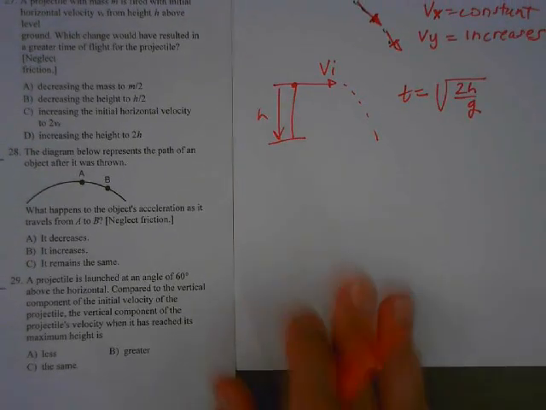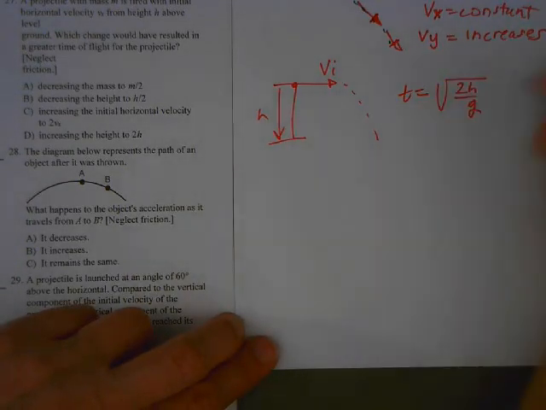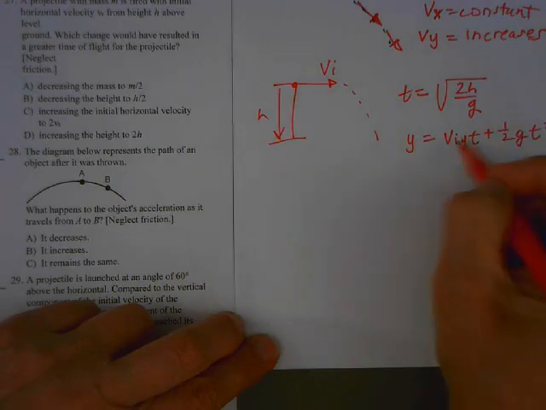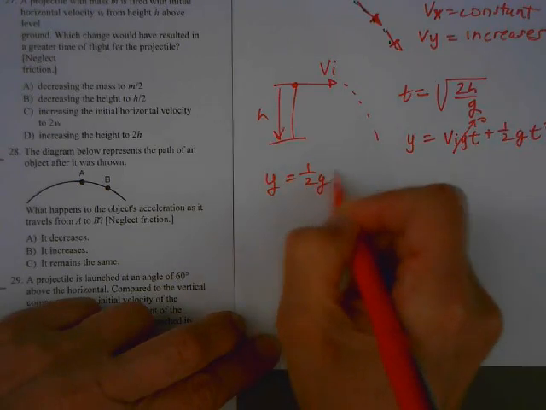Okay, so for projectile motion, y is equal to v_iy t plus 1/2 g t squared. v_iy is 0 because it's all x, so this goes to 0. So y is 1/2 g t squared.